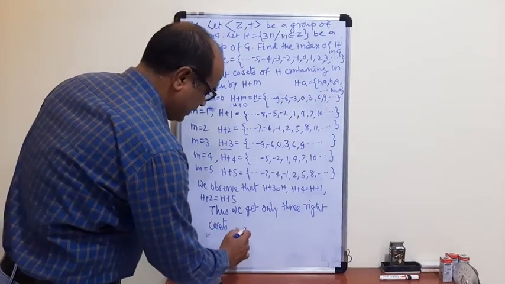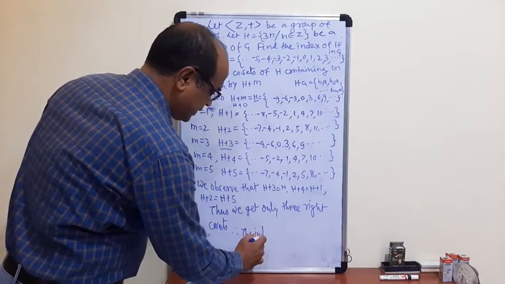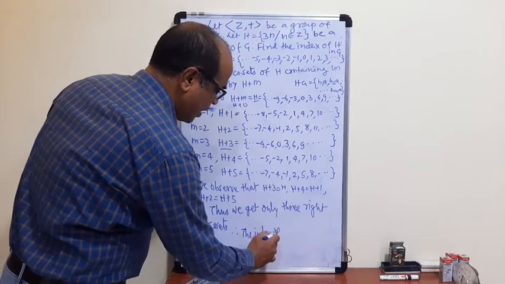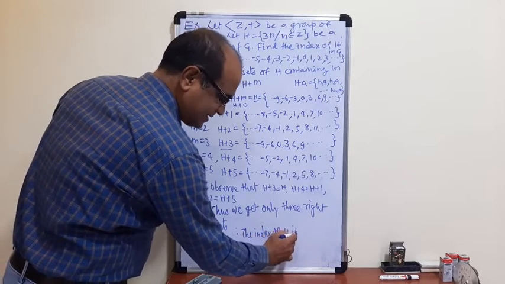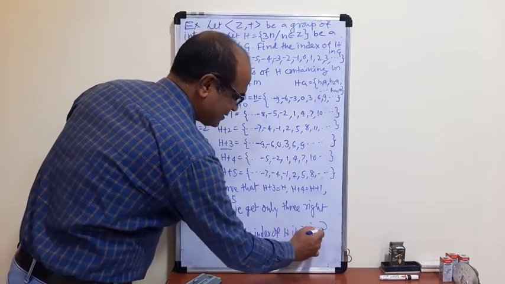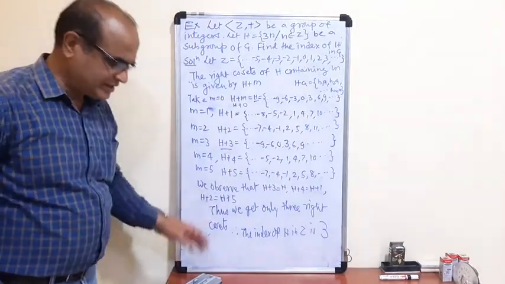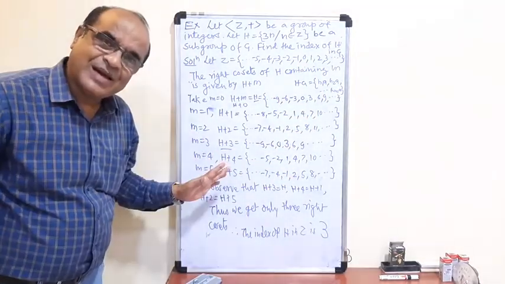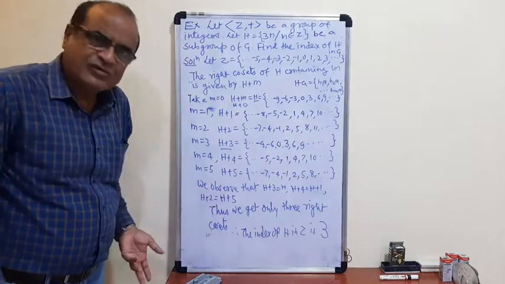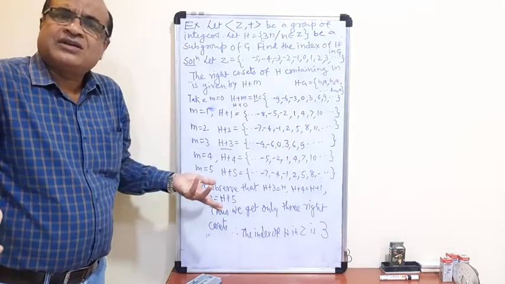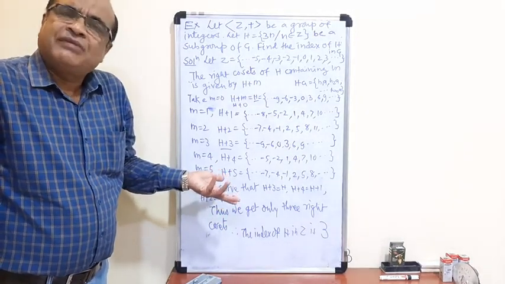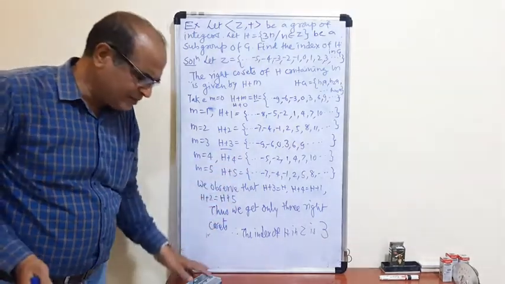Therefore the index of H in Z is 3. So this is a very simple example. You now also understand the definition of the index of a subgroup H in G. These are very simple definitions.